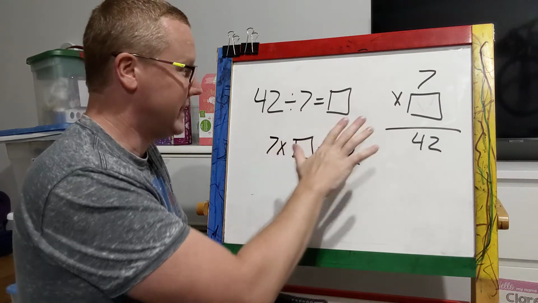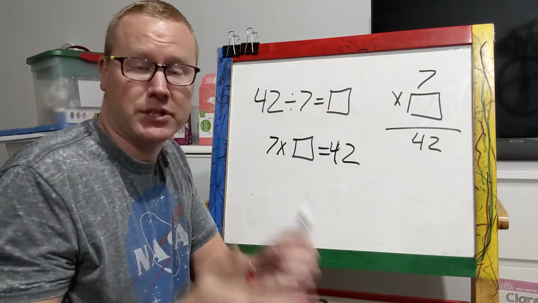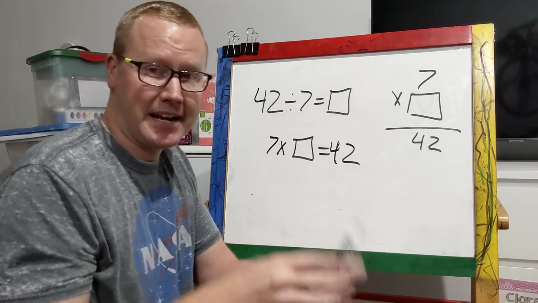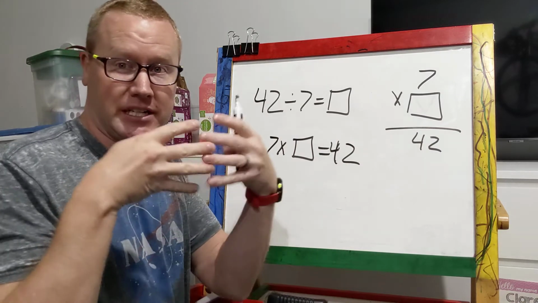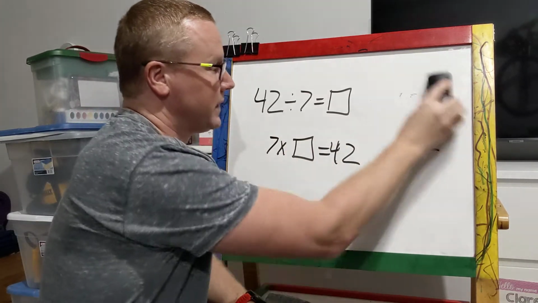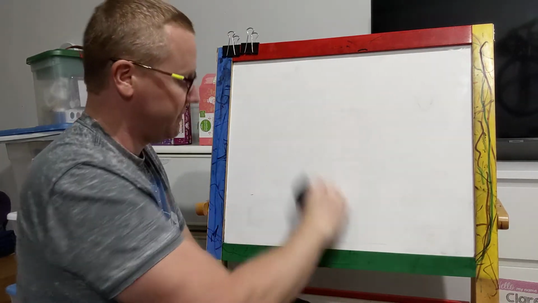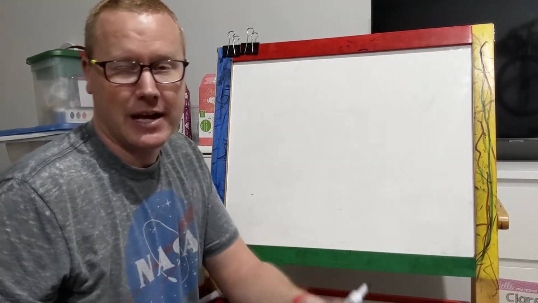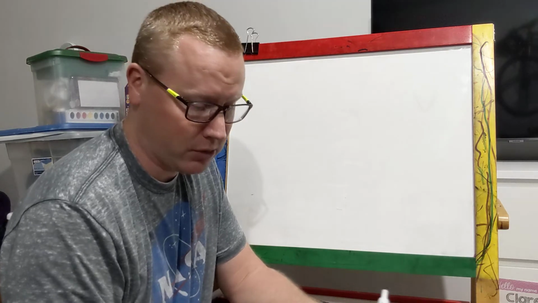So that's just one way to help you switch back and forth between these. It just shows the relationship and how division and multiplication are really closely linked. Again, I know I went over that really fast, so you can watch the videos, and we'll try to go over it in a whole group as well.